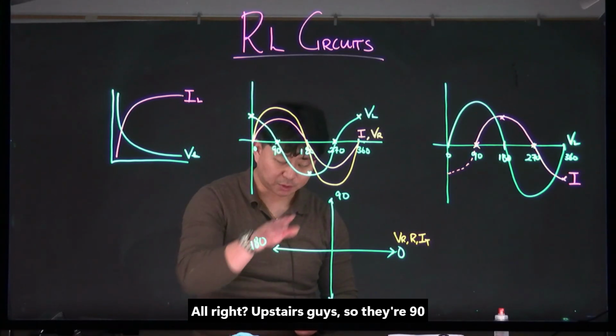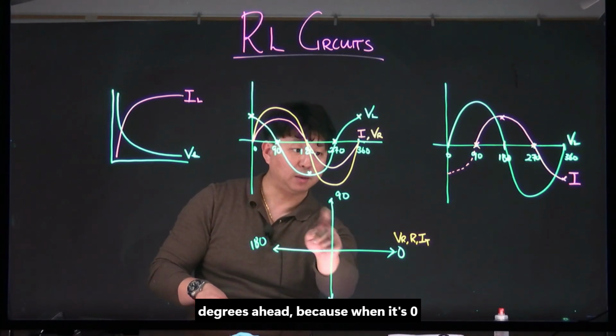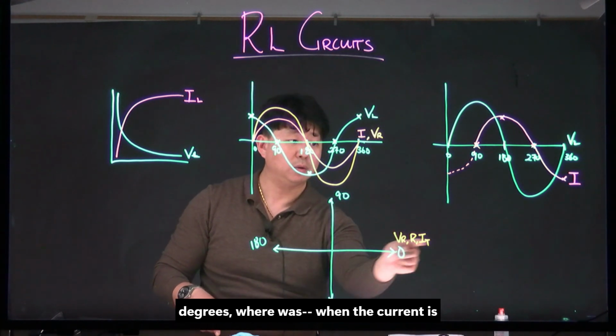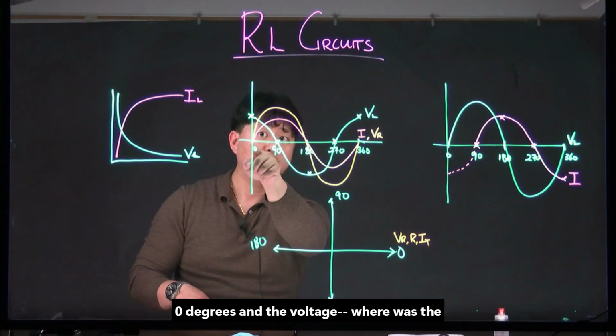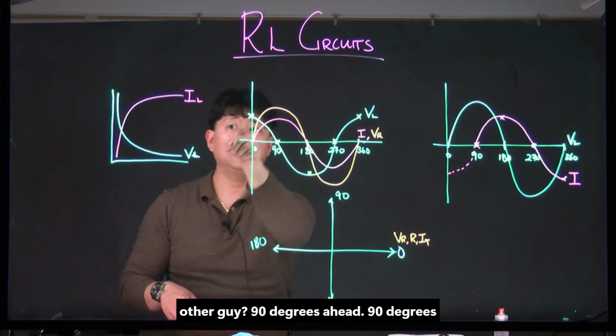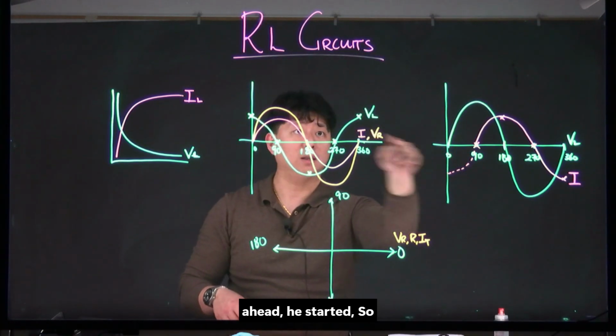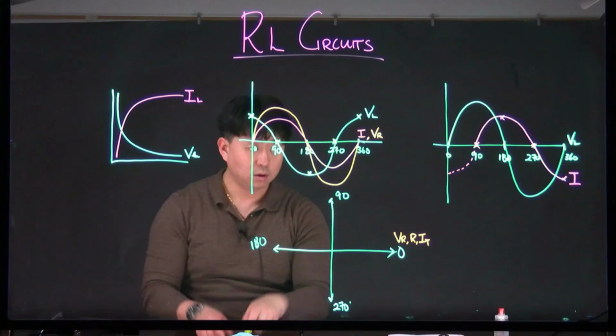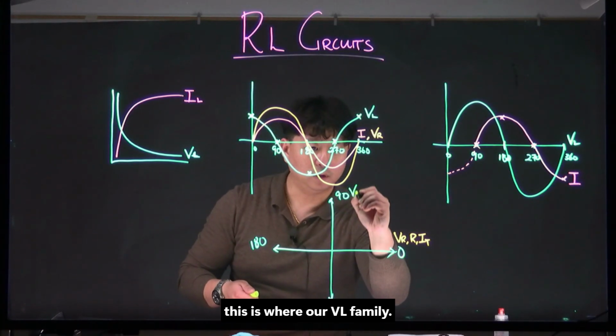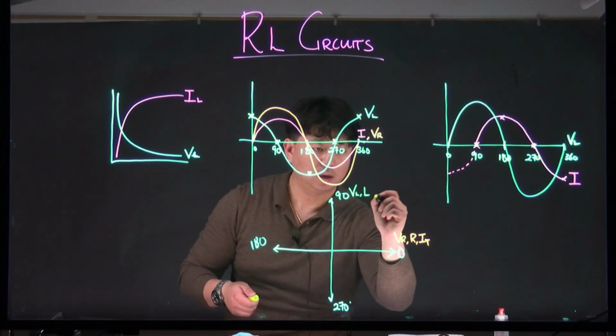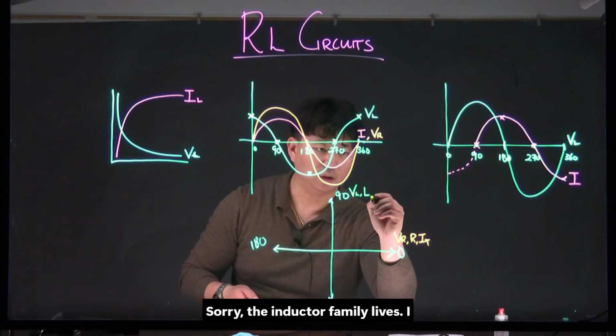All right, upstairs guys, so they're 90 degrees ahead, because when the current is 0 degrees, the voltage, where was the other guy? 90 degrees ahead, he started. So this is where our VL family, sorry, the inductor family lives.